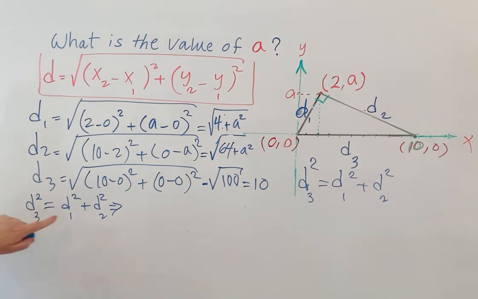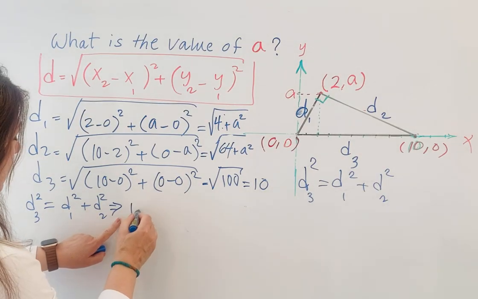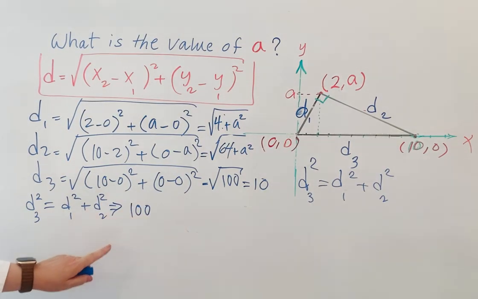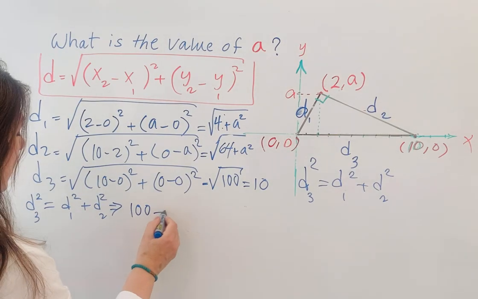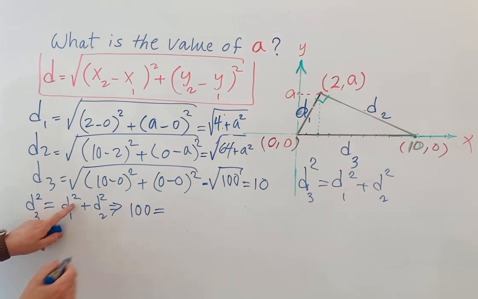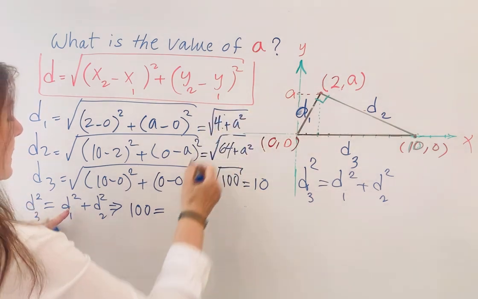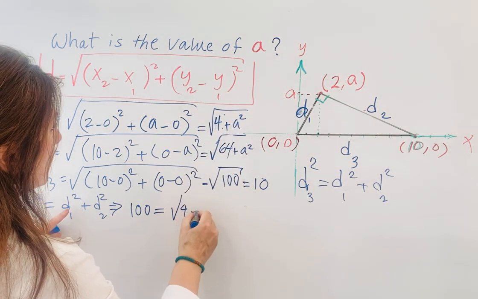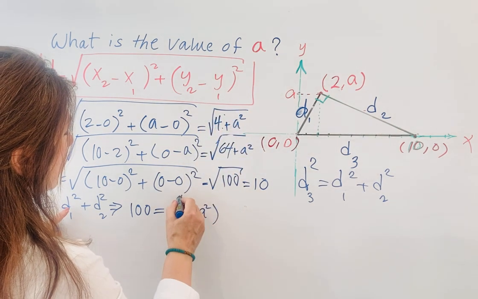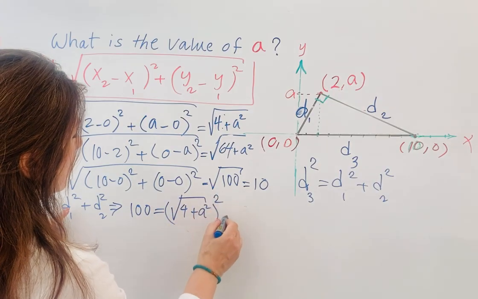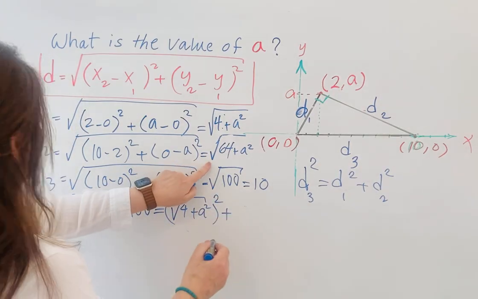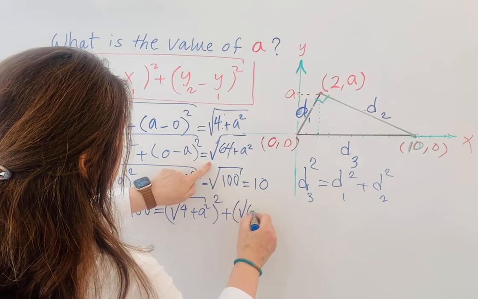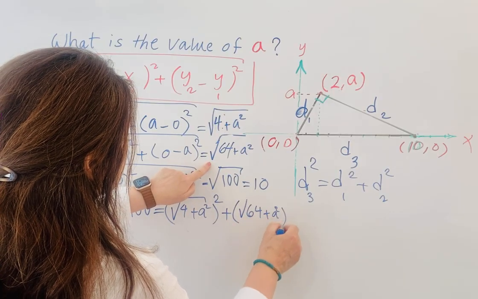But here it is squared, so we can write this one as 100, because it gets 10. So 100 is equal to D1 squared, which is 4 plus a squared, everything squared, plus D2 squared, which is 64 plus a squared.